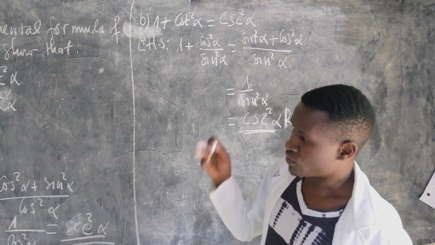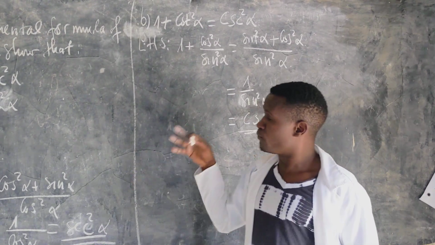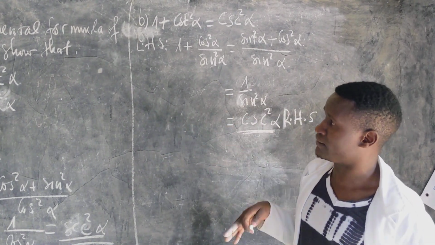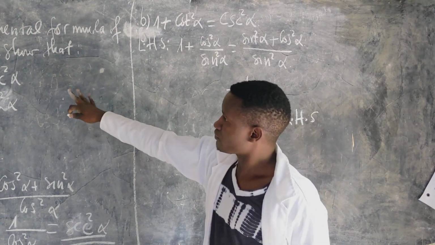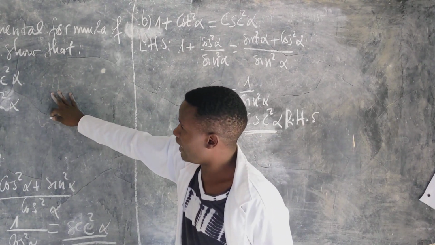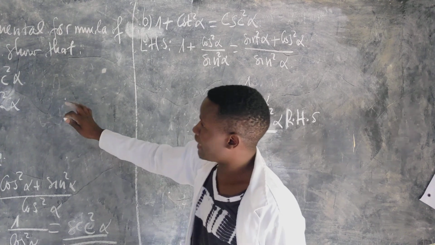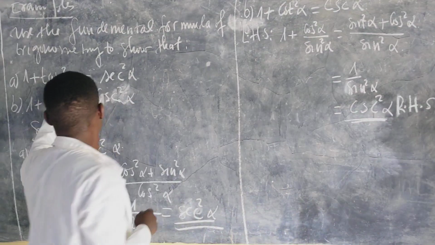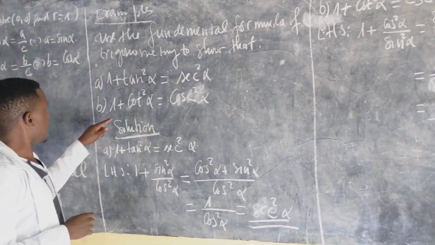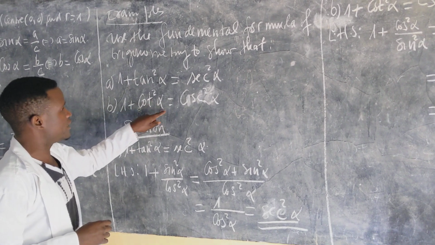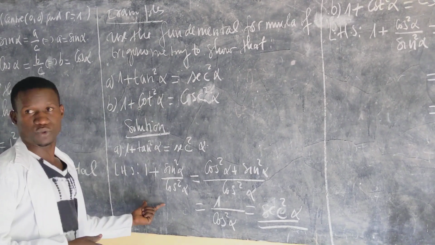To 1. You can use this formula to prove other trigonometric identities, as you have seen here. We have proved that 1 plus tan square is equal to sec square, and 1 plus cotangent square is equal to cosec square in this way.